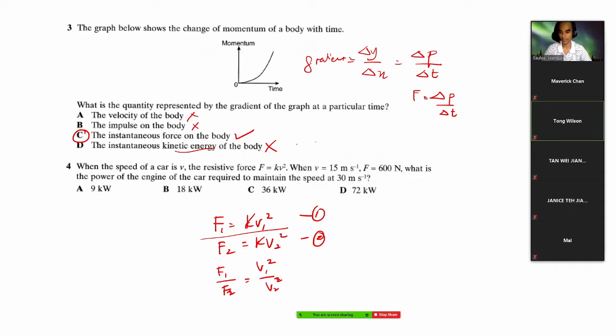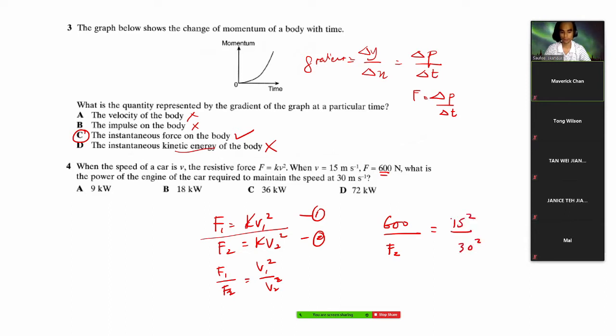We have the numbers for F1. Substitute F1, which is 600. So 600 divided by F2 equals 15 squared divided by 30 squared.